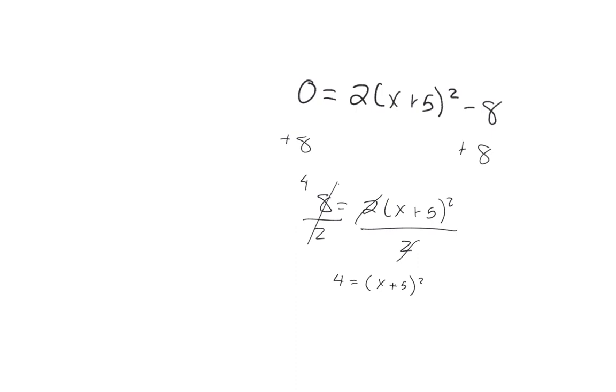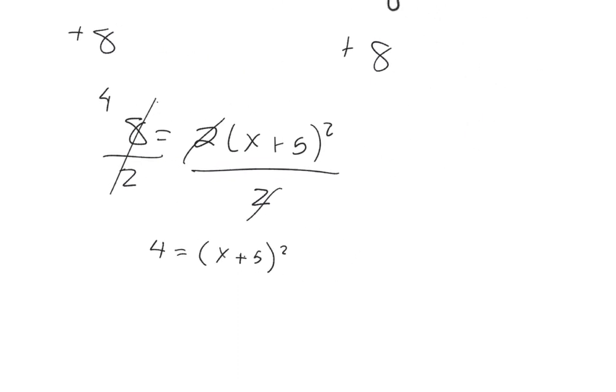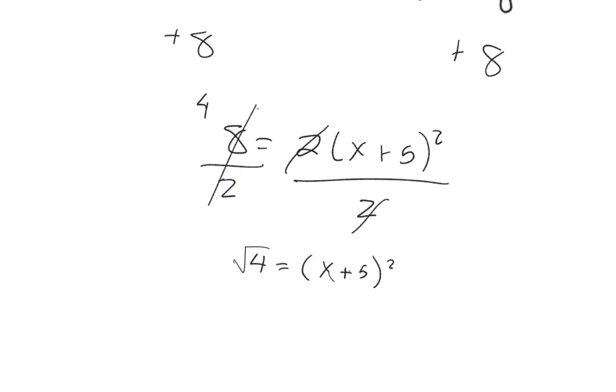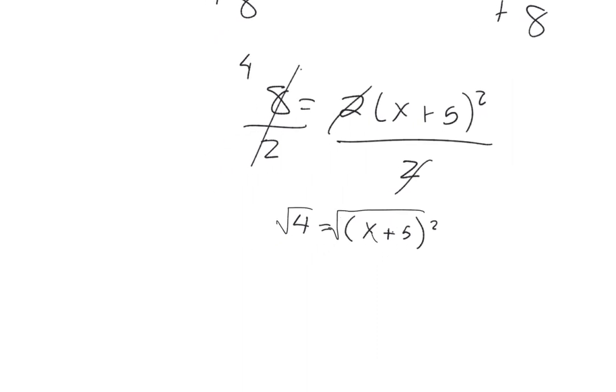Now our x is kind of trapped inside of these parentheses. We have 5 being added to it. So to get it out of the parentheses, what we want to do is take the square root of both sides. Importantly, that is going to split into 2 different equations. We have x plus 5 is equal to the positive square root of 4, positive 2, and x plus 5 is equal to negative square root of 4, or negative 2.